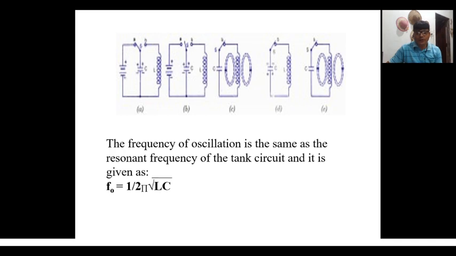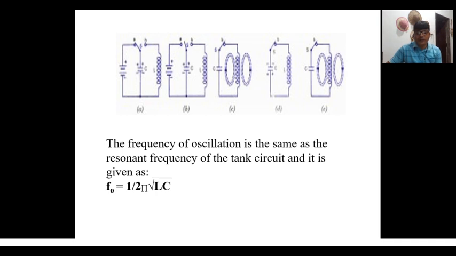When the capacitor is fully charged, it begins to discharge with current flowing in the opposite direction, as you can see in figure D. This charging and discharging results in oscillating current.